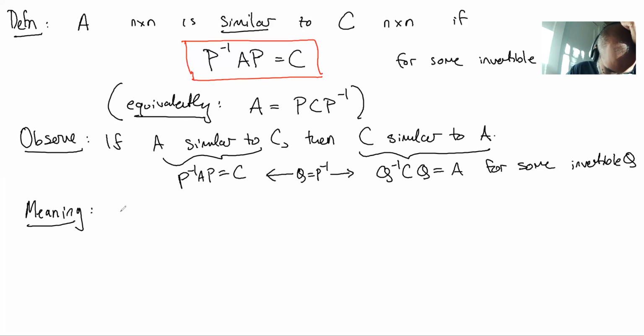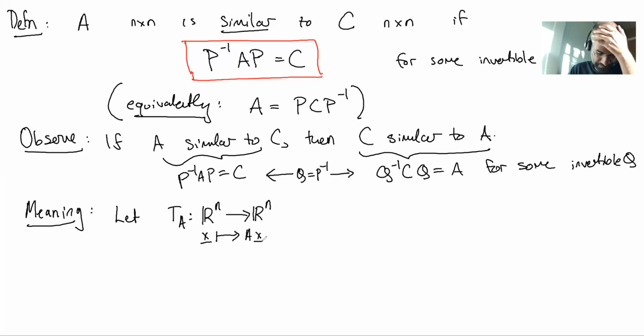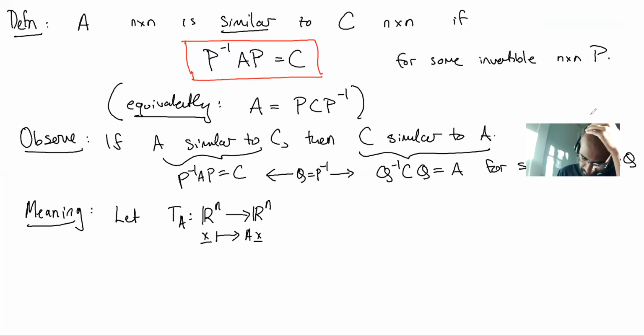Let TA be the linear transformation from Rn to Rn which takes x to Ax. So TA is just multiplication by A. And now I also have this invertible matrix P. I'm going to interpret this P in a very specific way. I'm going to call its columns B1 through Bn.